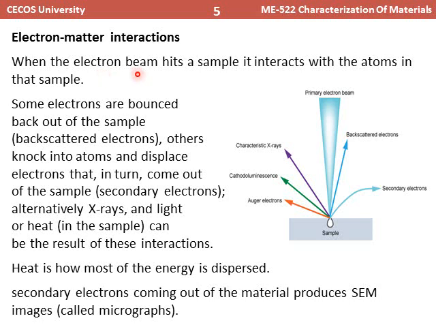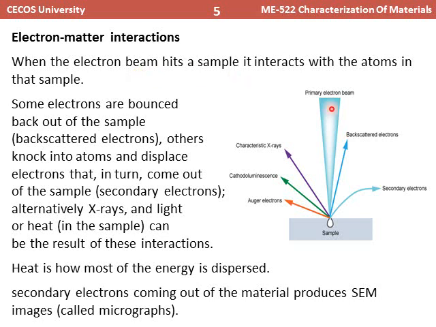It means we are viewing only the surface of the sample, not the bulk material. What is inside the material is very difficult to detect by scanning electron microscopy. By means of scanning electron microscopy, you can only observe the surface of any sample.